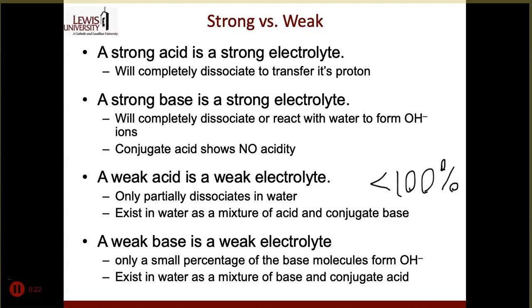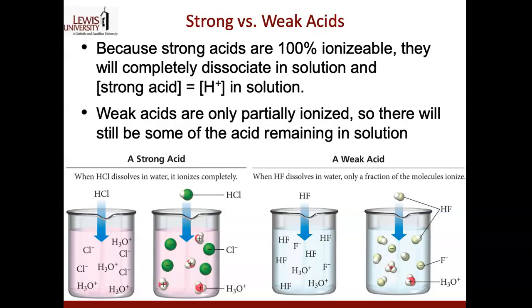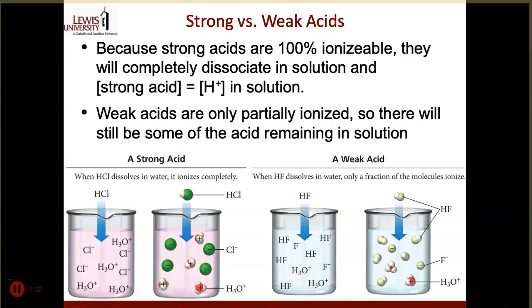Okay, so if we think about an example of a strong acid and a weak acid, a strong acid would be something like hydrochloric acid, as we mentioned on the previous slide. And HCl, when you put it in water, it's going to fully dissociate. So HCl is going to break up, and the only thing we're going to have in there are hydronium ions and chloride ions.